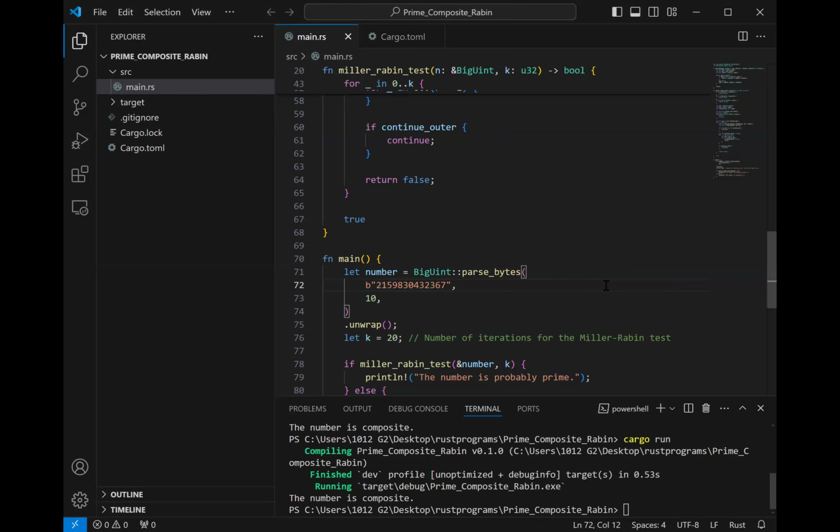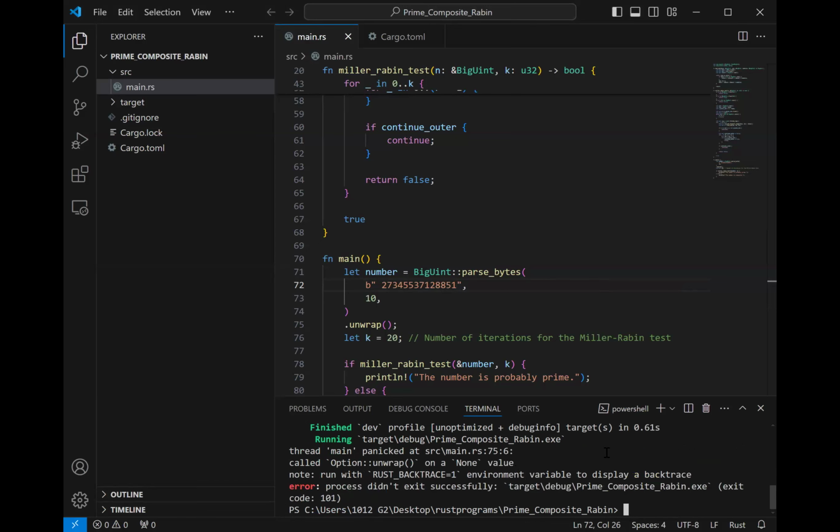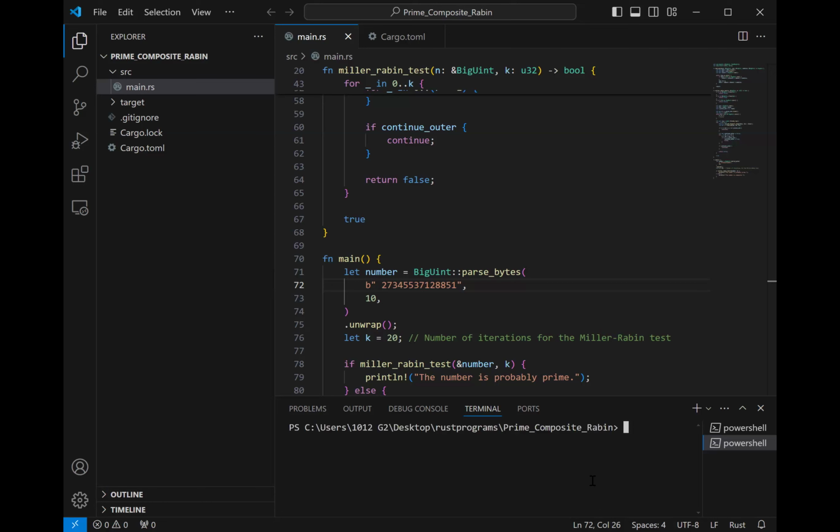Yes, I want to change this number to another number, and let's see whether it tells us that it's prime or not. Let's have cargo run. Oh, just a minute. What is the error here?